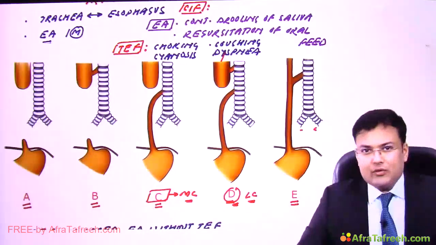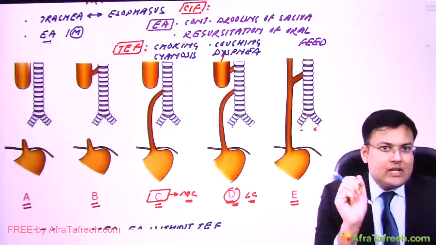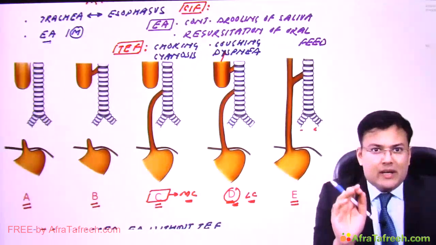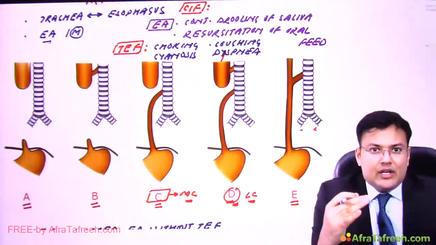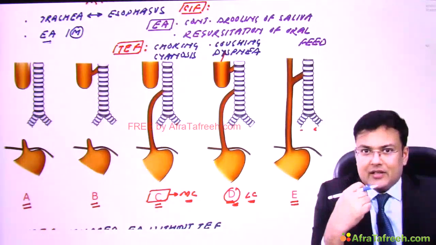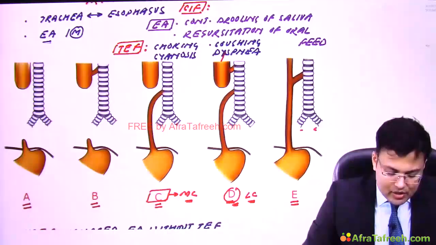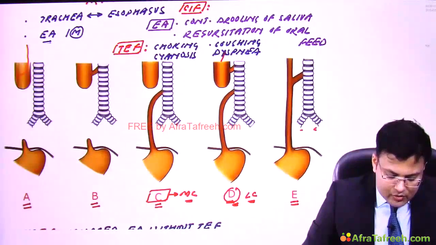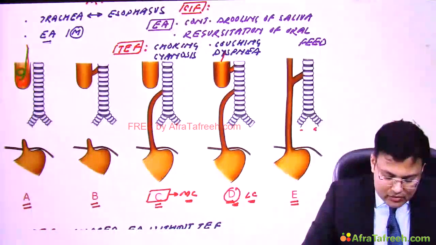Now how to make the diagnosis? Imagine that I'm going to insert the Ryle's tube. Obviously I'm not able to insert the Ryle's tube into the stomach. So there is inability of nasogastric insertion into the stomach. Why? Because if you try to insert the Ryle's tube or nasogastric tube, it is going to coil in the esophagus.